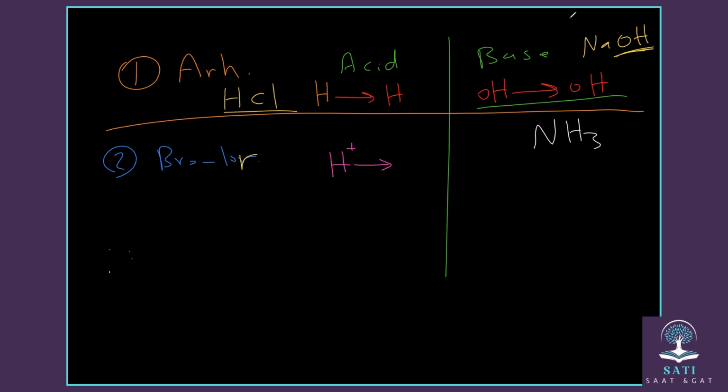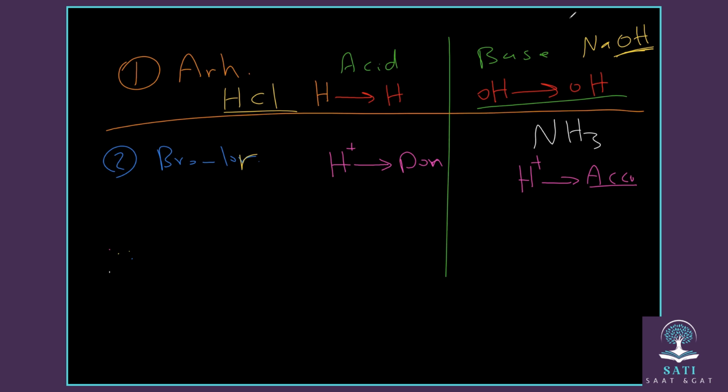A base is the hydrogen ion acceptor. So this one here is a donor, and here is the acceptor. We have an acceptor and a donor for the hydrogen ion, only the hydrogen ion. So in Bronsted-Lowry, did they mention OH?